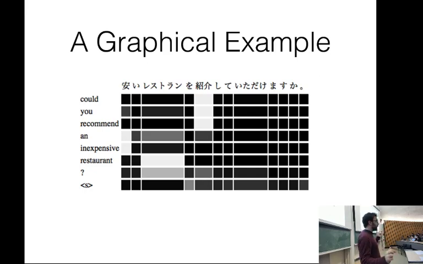So here's an example with translation from Japanese to English. I don't speak Japanese, but I trust that it's a decent example. And what you can see is, and I'm pretty sure that, lighter means higher weights. Restaurant more or less attends over what it should.